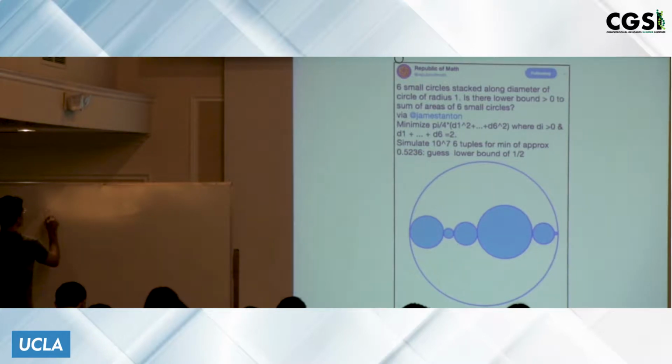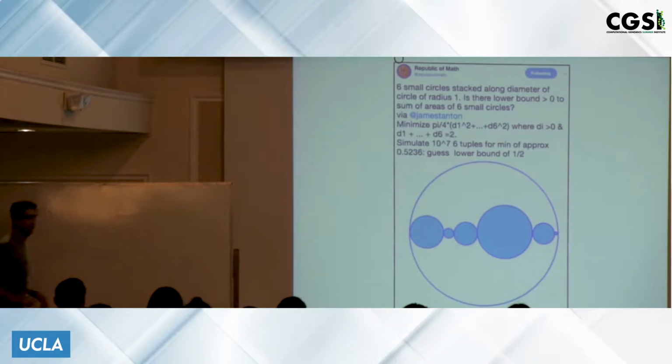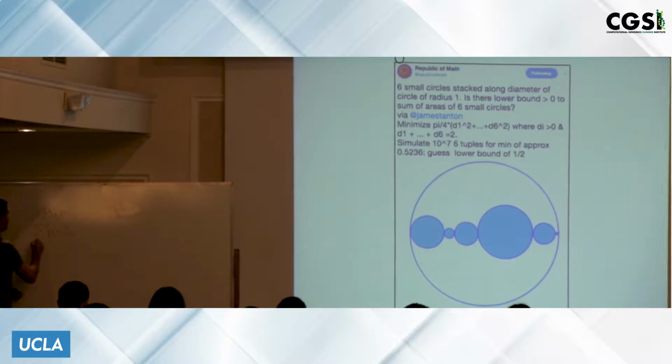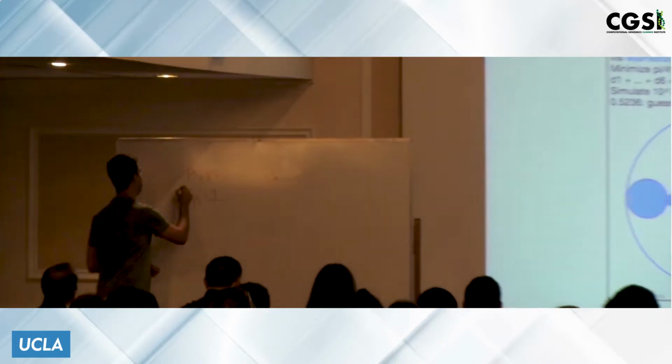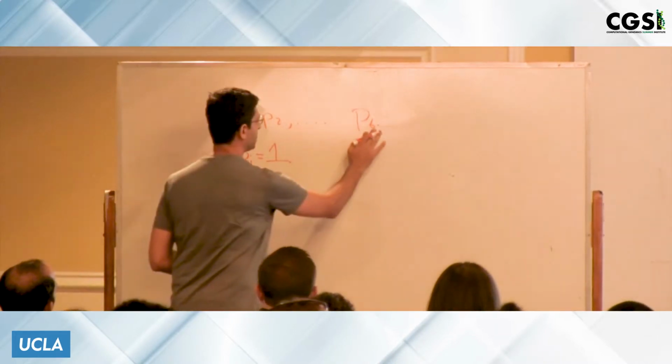So the first thing you need to do is replace the D's by P's. That's very important. The reason is that instead of diameters adding up to 2, you want the P's to always add up to 1. And maybe we'll also turn it to n, instead of doing 6.